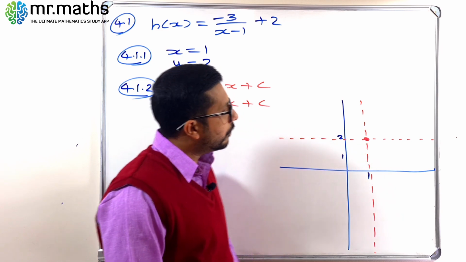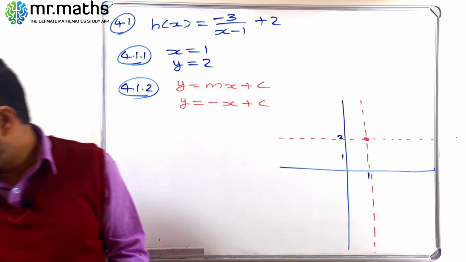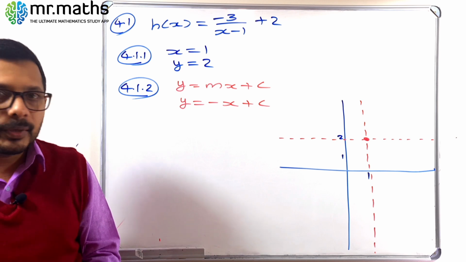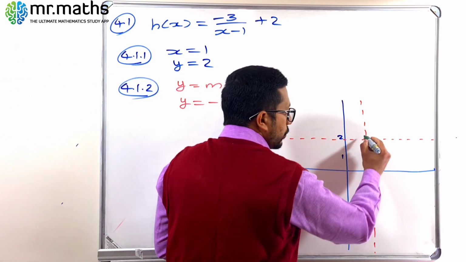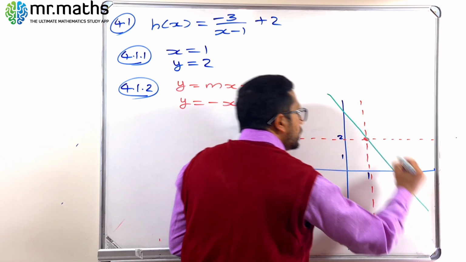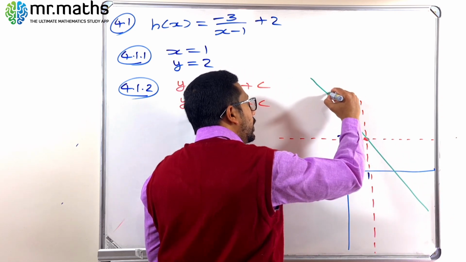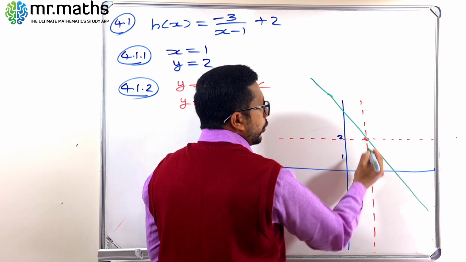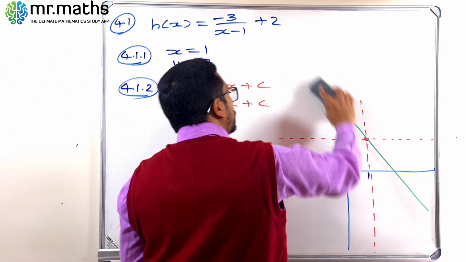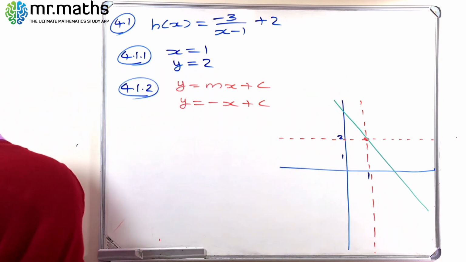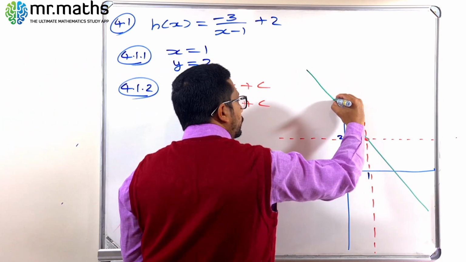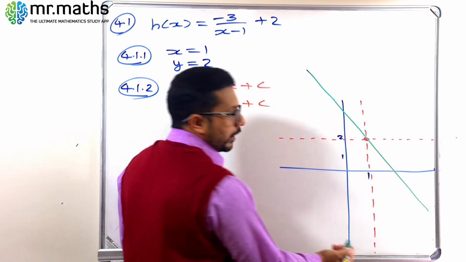So if there is an axis of symmetry, then it will pass through the point of intersection. Here, which one is our axis of symmetry? The axis of symmetry having negative gradient. So it will pass through this point like this. This is the axis of symmetry having negative gradient. At this point, what is the coordinate?